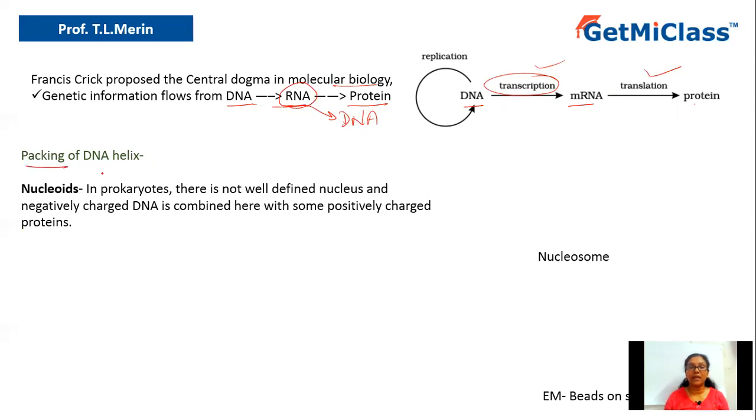Okay, there is a way it is packed and it is coiled and coiled and coiled so as to fit in one particular nucleus in case of eukaryotes, whereas in case of prokaryotes, though they don't have nucleus, still the genetic material is set at one place. Okay, though it is in cytoplasm, still they are present in specific region called as nucleoids. Okay, so nucleoids are present in prokaryotes.